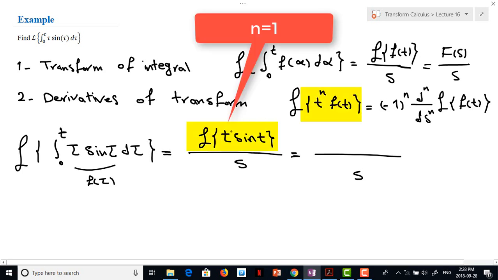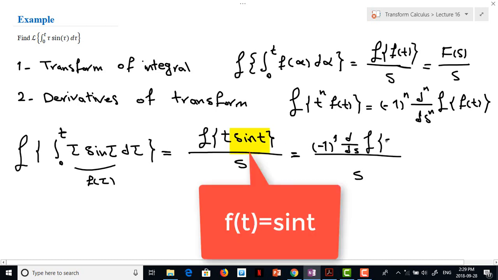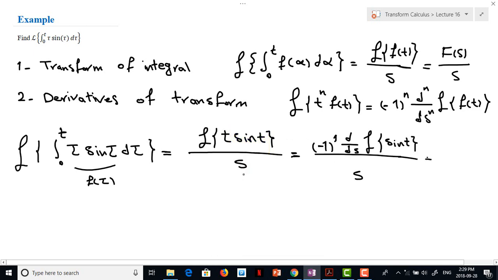So t to the power of 1, as a result we have (minus 1) to the power of 1, d over ds of the Laplace transform of sine t. The denominator is s, minus d over ds of the Laplace transform of sine t, which is 1 over s squared plus 1.